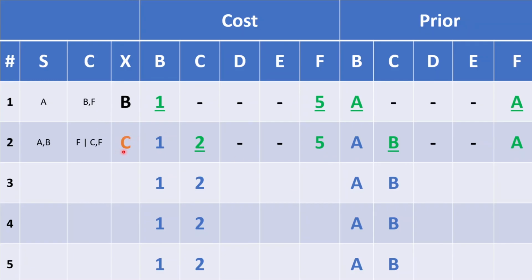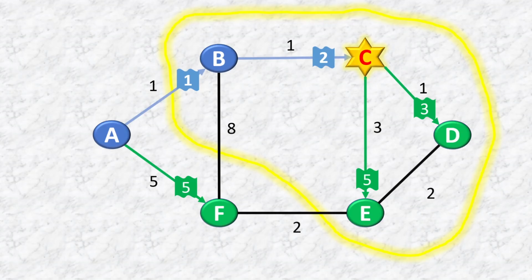Following the algorithm, we've just introduced C, so now we have to look at the neighbors of C. Looking back at the graph that we looked at earlier, there is C and the neighbors were B, D, and E. The only two things that are relevant is that if we use C as a basis, we can reach D at a total cost of 3, and we can reach E at a total cost of 5.